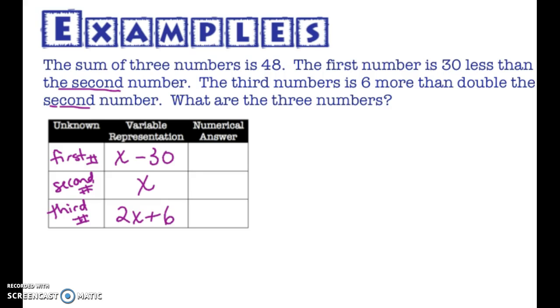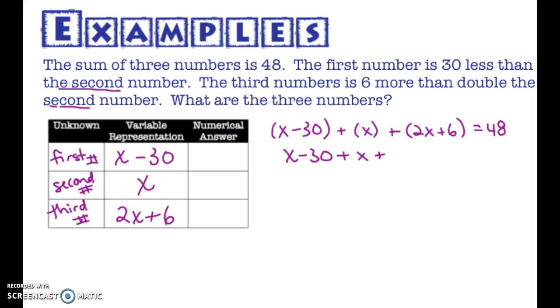All right, when I write an equation, it's going to say the sum of these is 48. So the sum of the three: (x minus 30) plus x plus (2x plus 6) equals 48. Sum means we add them all up. None of these have anything extra in them, so I'll just rewrite it without the parentheses. I'm going to start adding up my like terms here.